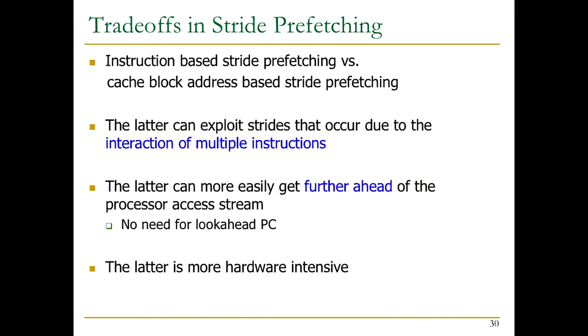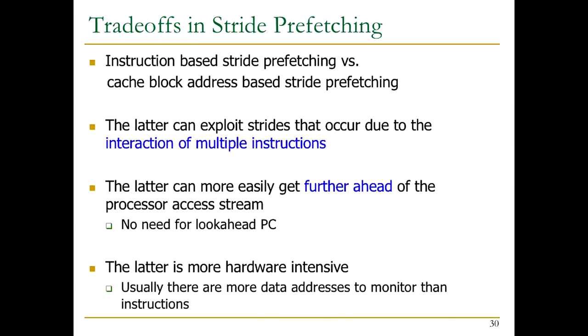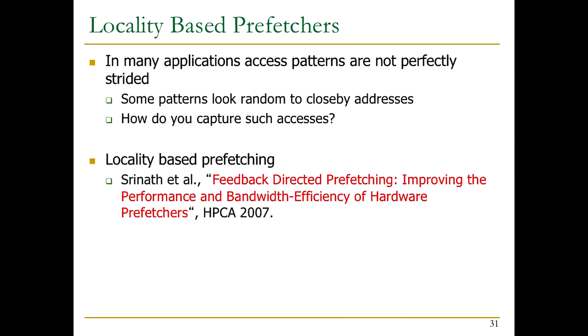So the data structures may be nicely laid out, but you may actually access one data structure and something close by it within the data structure, and then the next data structure is 256 cache blocks apart. Right? So these happen because of how the memory is laid out and how it's accessed in the program. And detecting those more complicated strides become more hardware intensive, clearly. Okay, and also there are more data addresses to monitor than instructions.